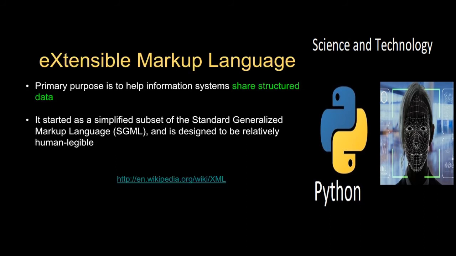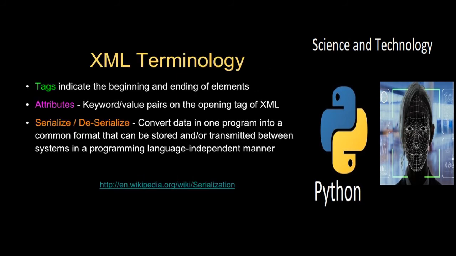Once HTML made angle brackets popular as a representation format, it was pretty natural that we would find a data representation format that would take a similar approach. And so inside XML, we're going to talk about tags, attributes, and data, and we've already talked about serialization and deserialization.